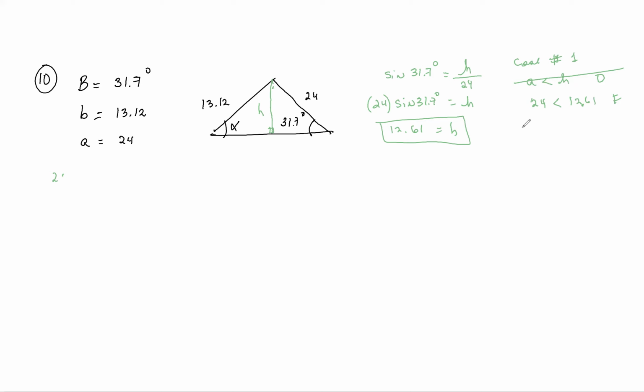I go to the second case. I mentioned that if a is equal to b, or a is bigger than b, you got one triangle.